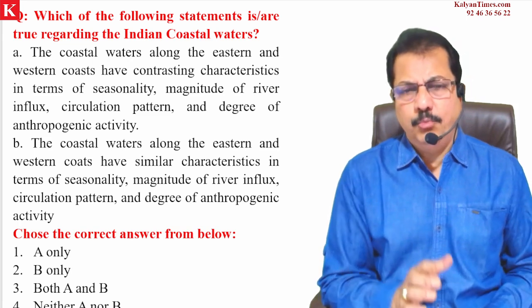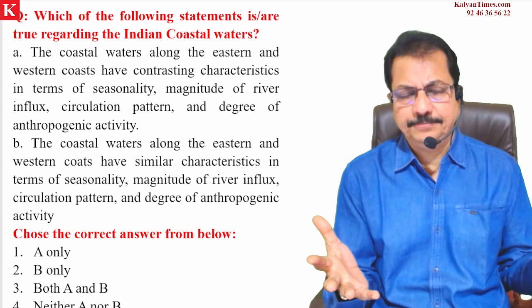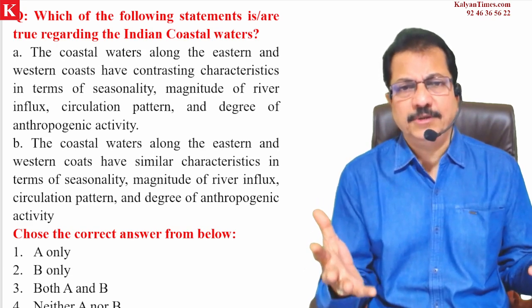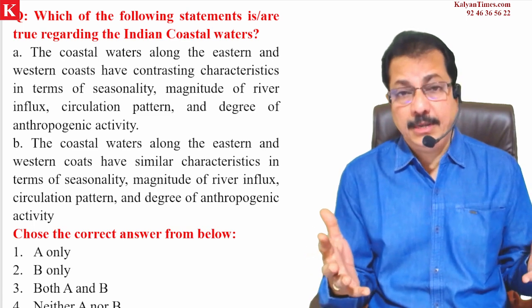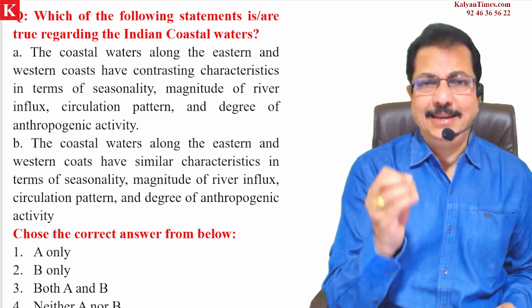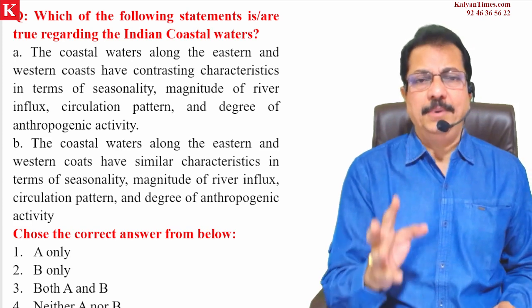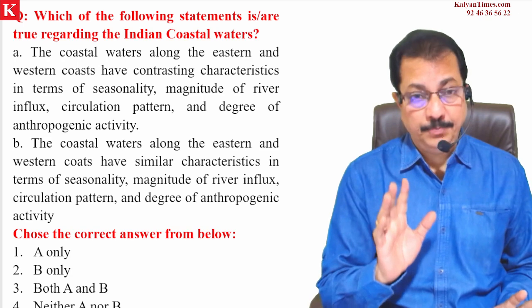So both are seas, right, in both the seas you have the saline water, right? So there is so much of salinity in these two seas here. But when it comes to the characteristics, they are completely contrasting, completely different. So statement A should be correct.